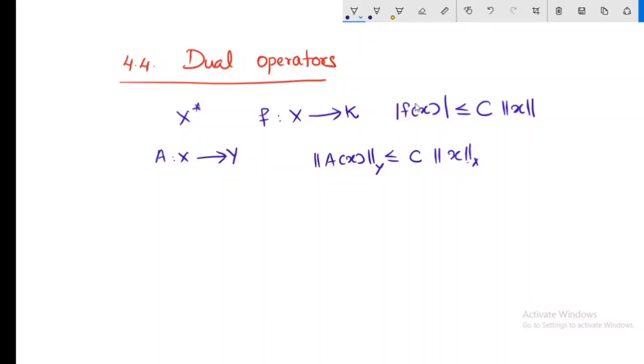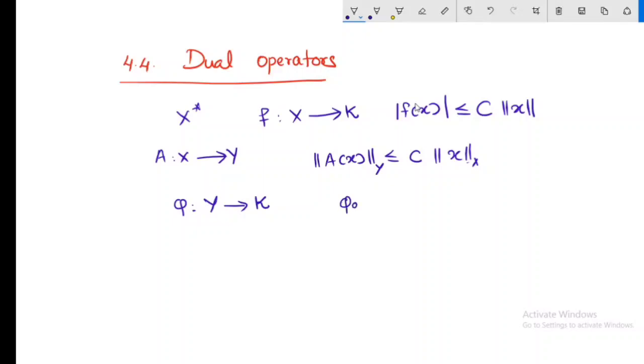Now suppose phi is a linear functional on Y. That means phi is a map from Y to K. Now A is a map from X to Y, phi is a map from Y to K. What about phi composition A?